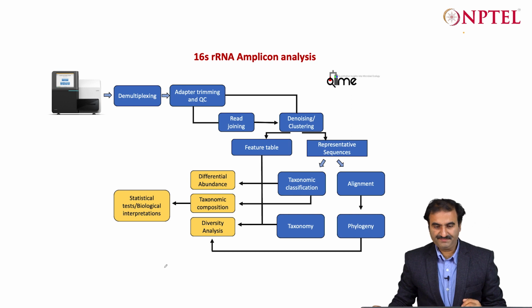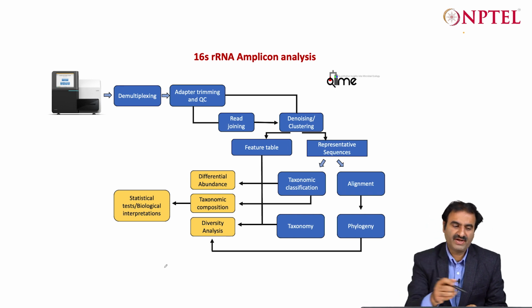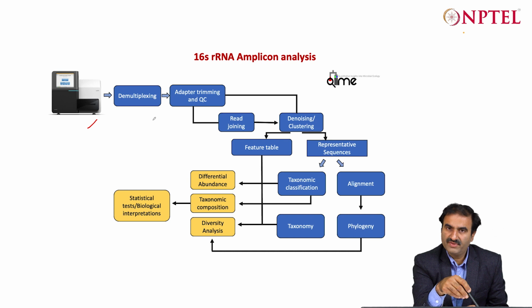So basically in the last lecture we will look at the 16S amplicon analysis or taxonomic abundance and some case studies. It starts with sequencing. The data is demultiplexed because you might have pooled multiple samples together using multiple barcodes, and then you also have to get rid of the adapters and those barcodes from these sequences, right.